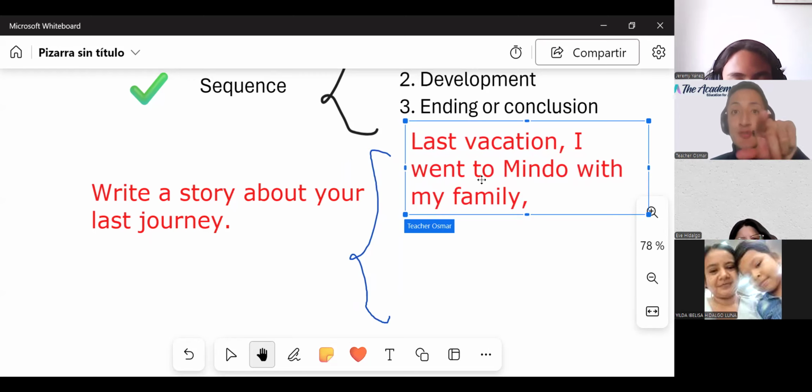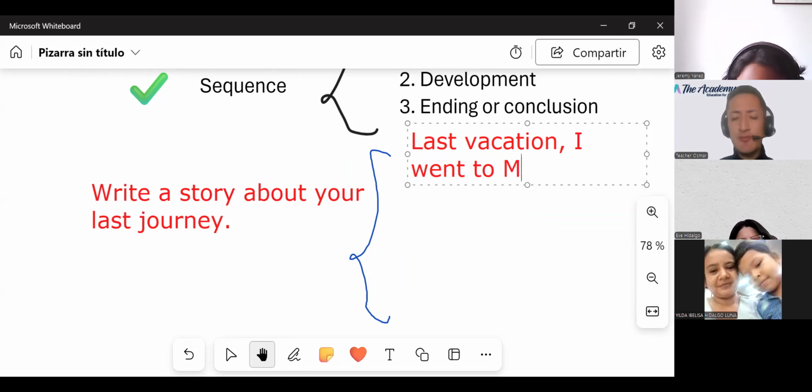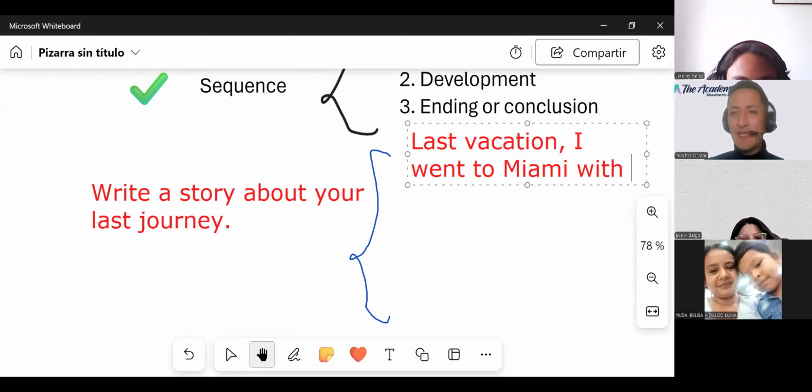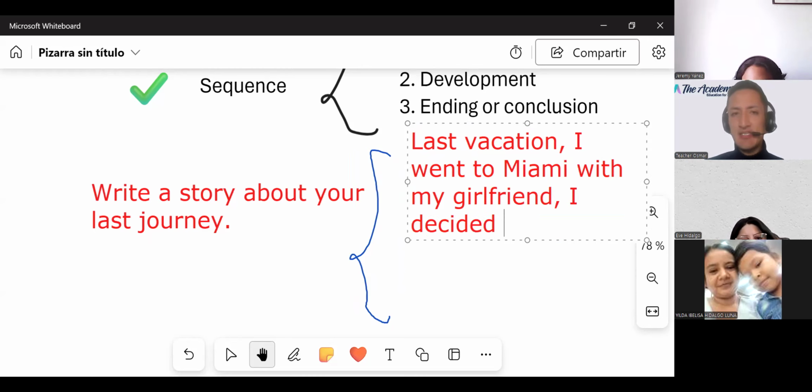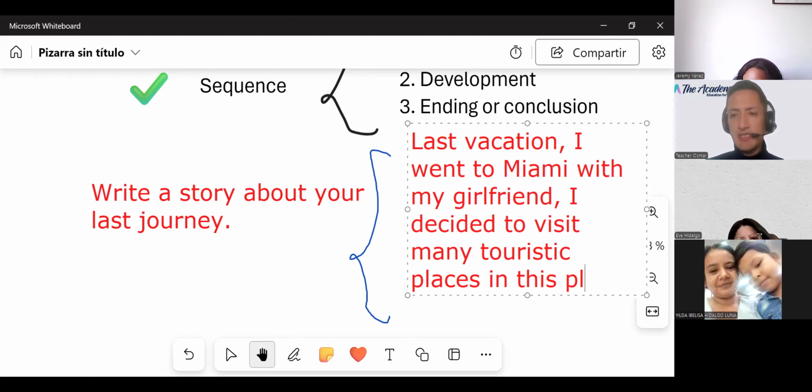So, you can use your real story, but remember, if you want to, you can use your creativity, your imagination, to say something else, okay? For example, you can say, last vacation, I went to Miami with my girlfriend, I decided to visit many touristic places in this place.